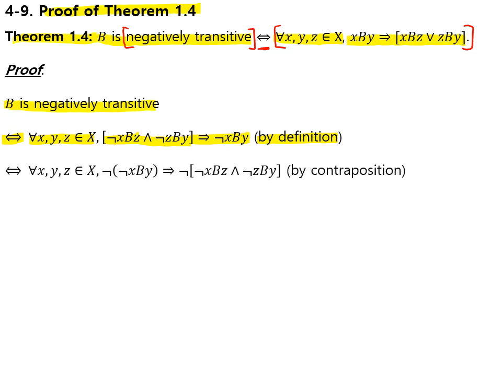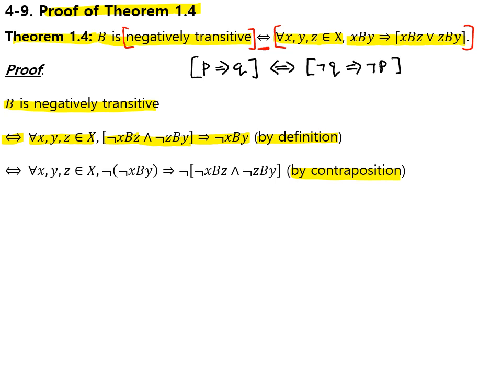Now, we take the contraposition of this conditional statement. If we have the conditional statement P implies Q, this is logically equivalent to its contrapositive, which is not Q implies not P.